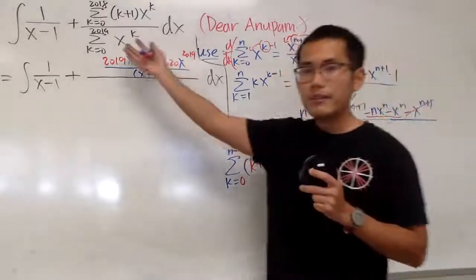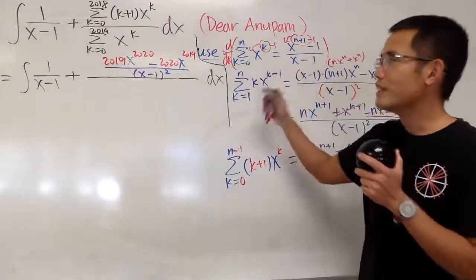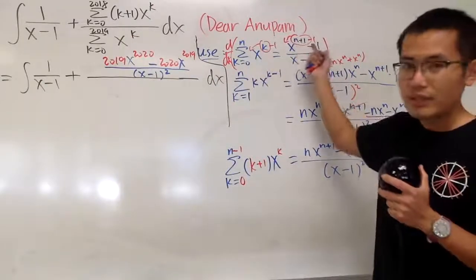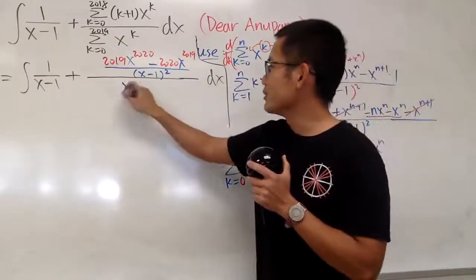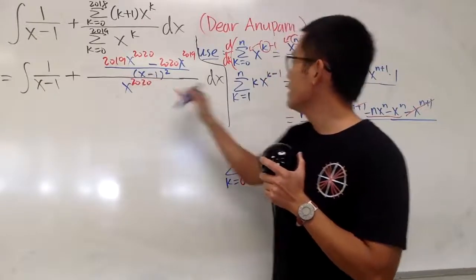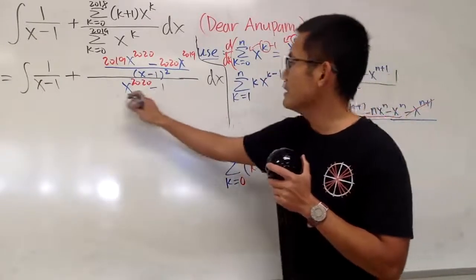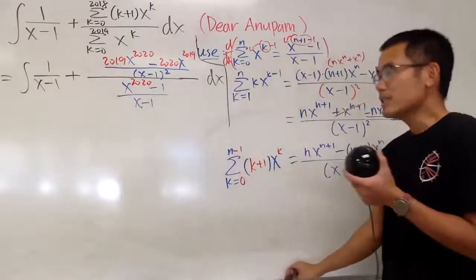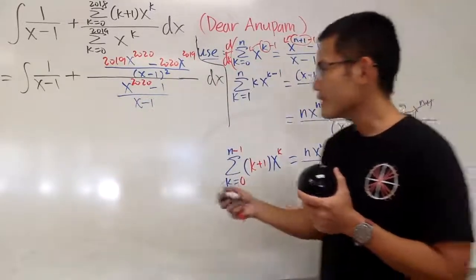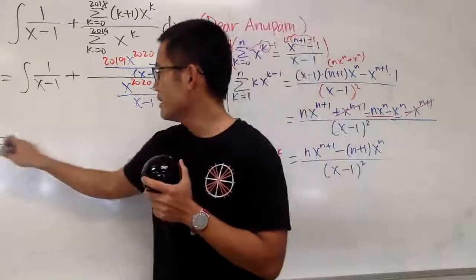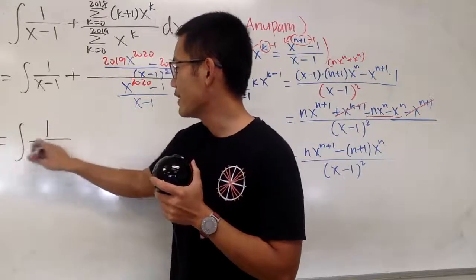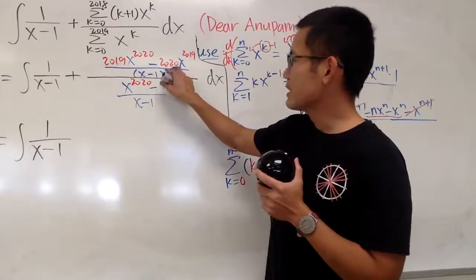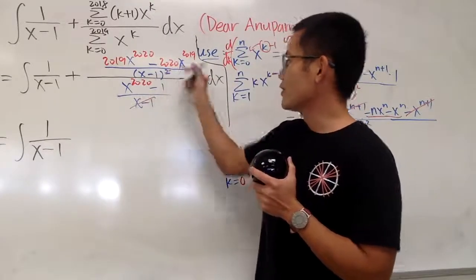And then for the bottom, it's just the original version. So as you can see, n is 2019, and I just have to add 1 right here, right? So we have x to the 2020 minus 1 over x minus 1, like this. So that's pretty much it. Now, have a look. Here is the integral, and we are not integrating yet, but almost. This and that can cancel, and one of them is left.